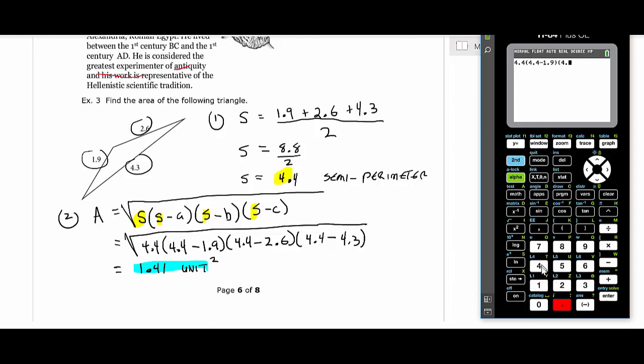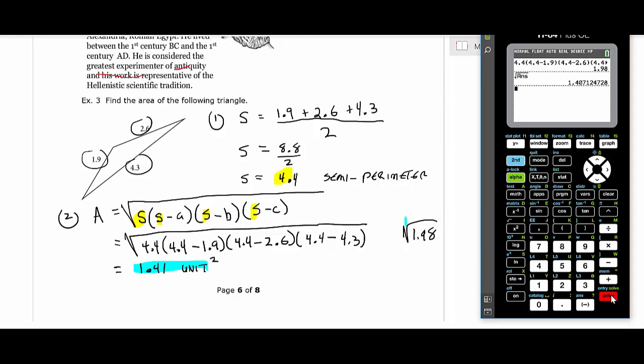Then 4.4 minus 2.6, and then close off by doing 4.4 minus 4.3. Get that answer, and then you can do the square root of that. So ultimately what you were doing on this problem is the square root of 1.98. You can use the answer key if you want to.